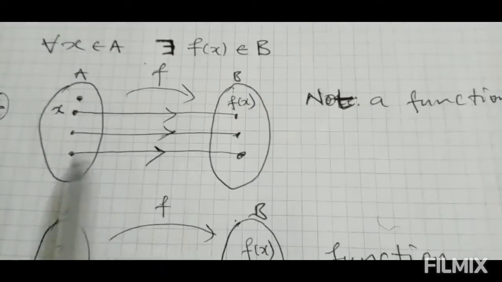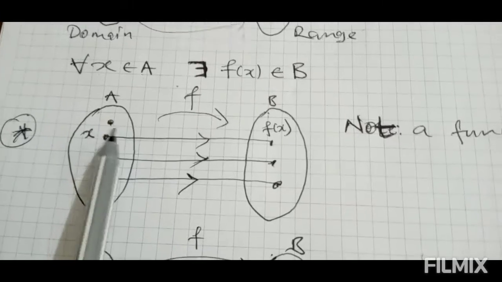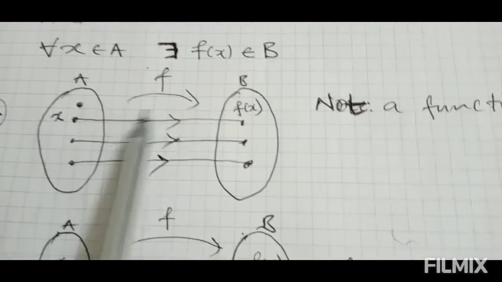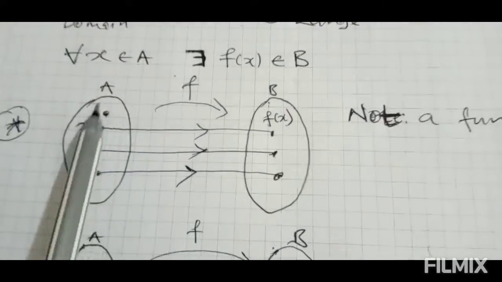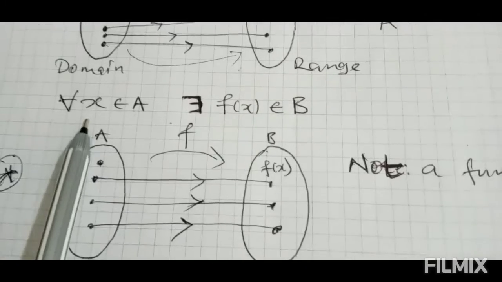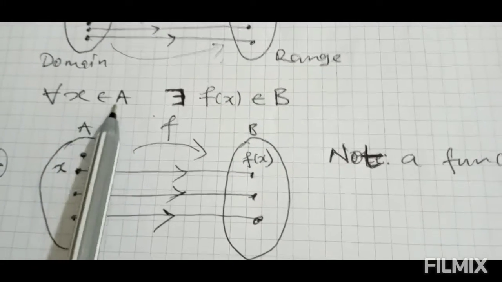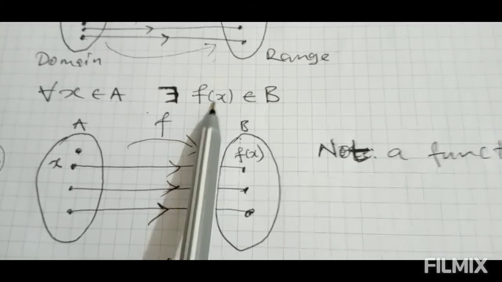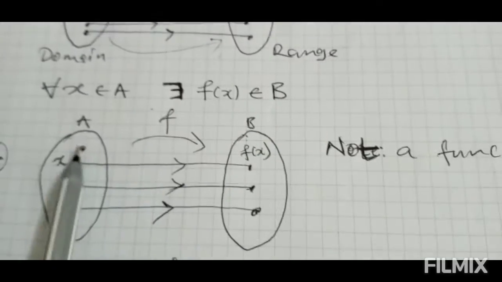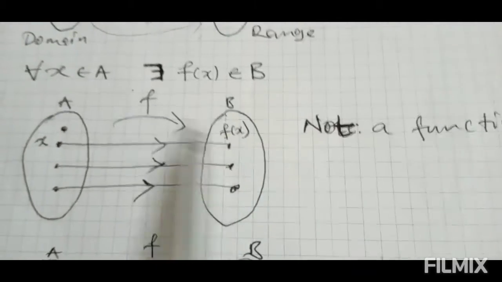This one goes to this, this one goes to this. But look at this element, it has no matching in B. So this definition does not hold, the definition which says for every element of A, there exists at least an element in B. So this one does not have an element in B, so this is not a function. When you say a relation like this, it is not a function.